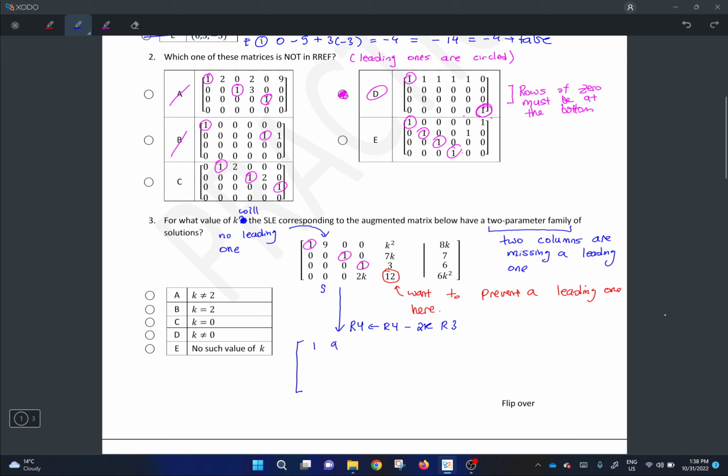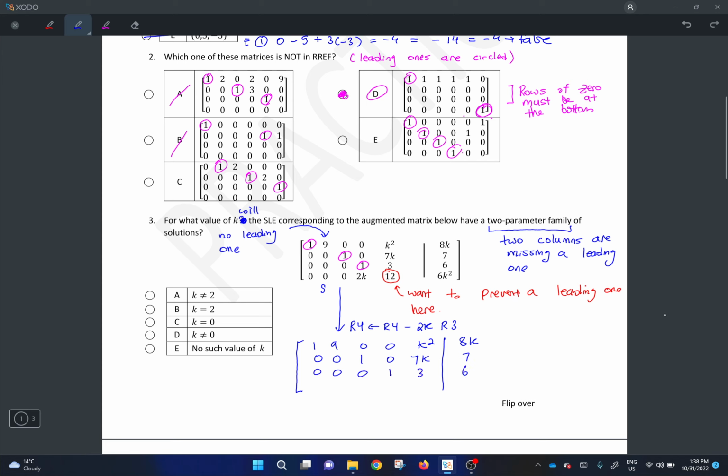So row 1's not changing: 1, 9, 0, 0, k squared, 8k, 0, 0, 1, 0, 0, 7k, 7. Row 2 is not changing: 0, 0, 0, 1, 3, 6.